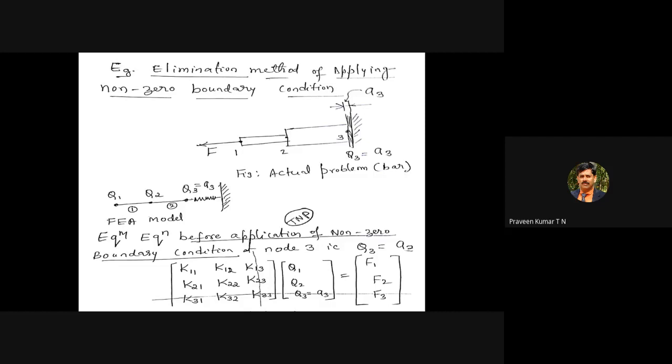This is the global equilibrium equation. As the boundary condition is given at node 3, you have to eliminate the third column and third row, which you are familiar with.